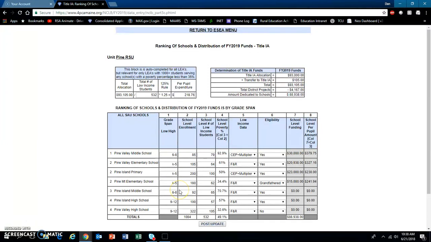So the chart reformulates itself, regenerates itself based on those priority spans. So we have our Pine Valley at 92% as our first one, which is the one that we must serve based on that 75% rule. When you do reach that 75%, you could say, maybe I don't want to use the low income free and reduced lunch data that I chose.